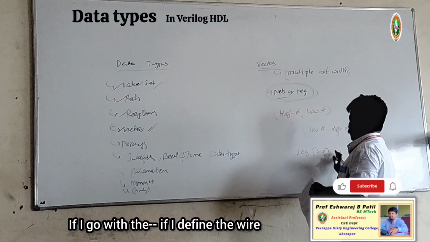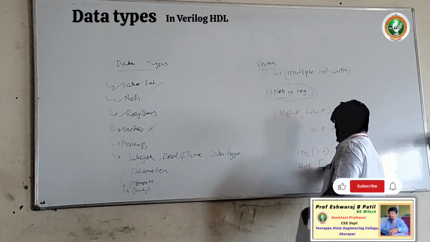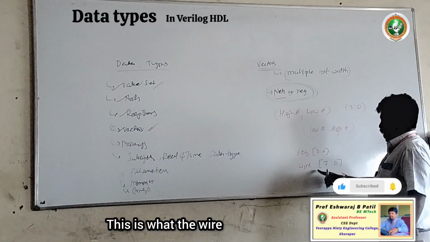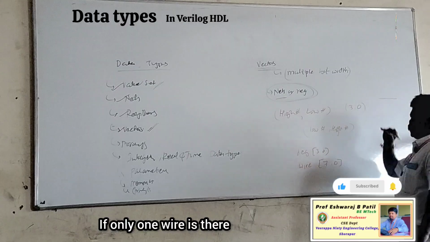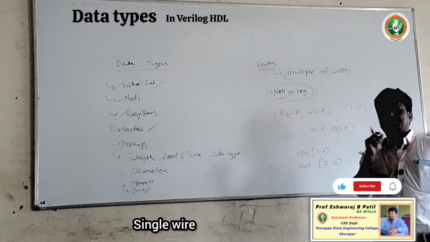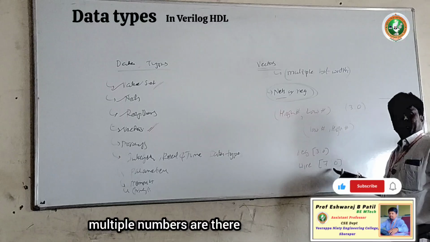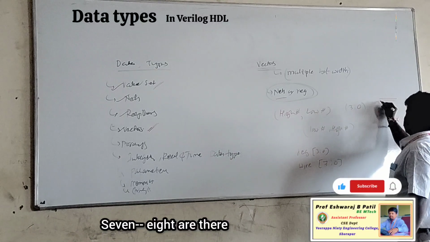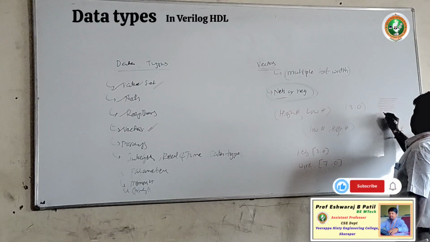If I define the wire 7:0, this is a wire. If only one wire is there, it is a single wire. If wires with multiple numbers are there, how many are there? 1, 2, 3, 4, 5, 6, 7, 8 are there.